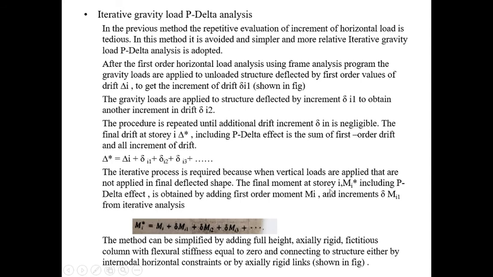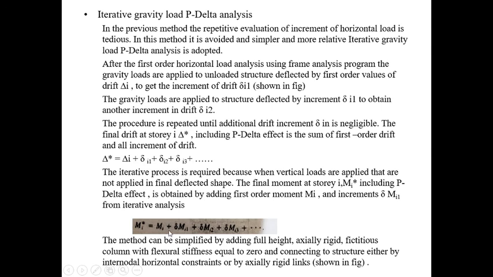So the final movement at the story, that is mi star, is the same as the first order movement mi plus these increments. We apply the movement and find out the increment in that movement. Further, when we add the incremented movement, there will again be a certain increment, mi2. Like that we find out these increments in the movements and add them to the first order moment mi value.